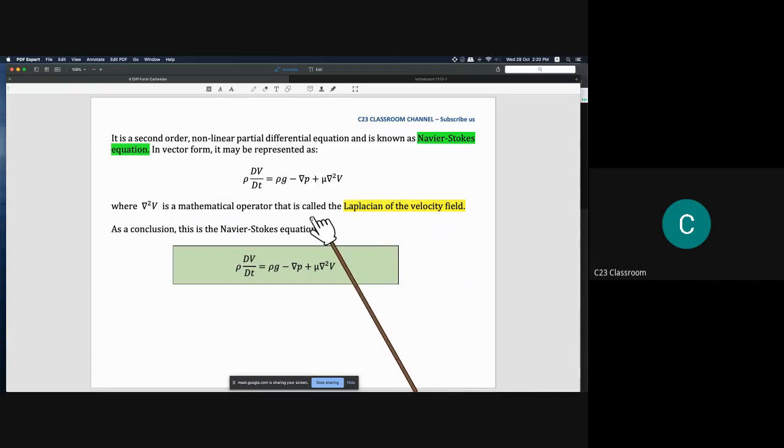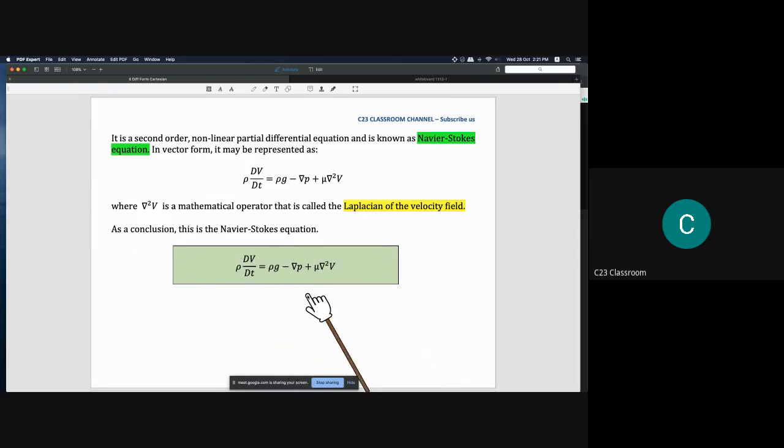In official terms, we could say this is the Laplacian of the velocity field. So this is the very general Navier-Stokes equation that you need to remember.